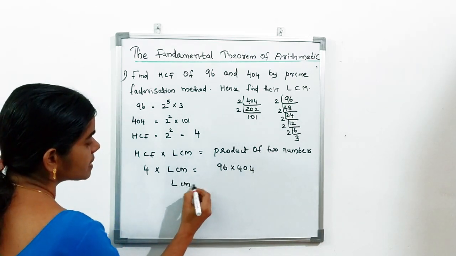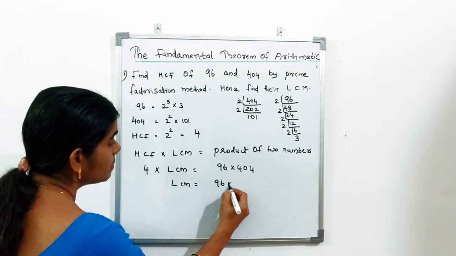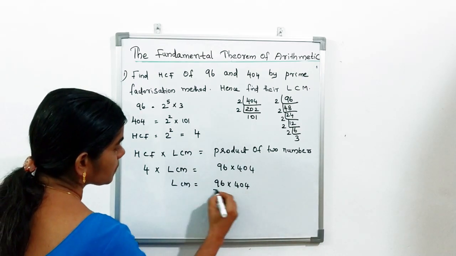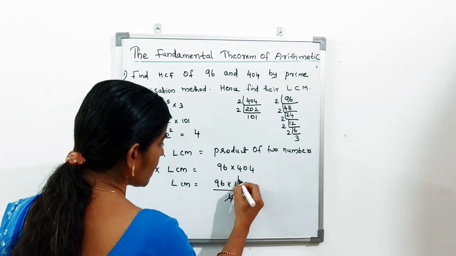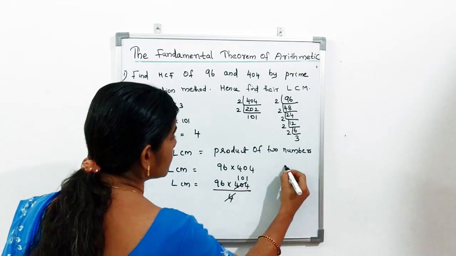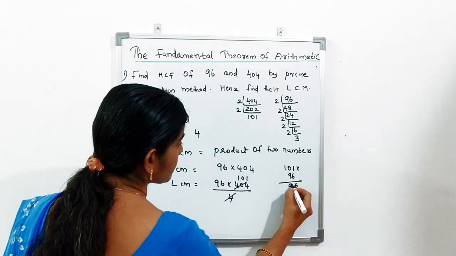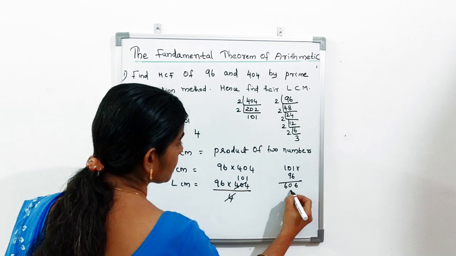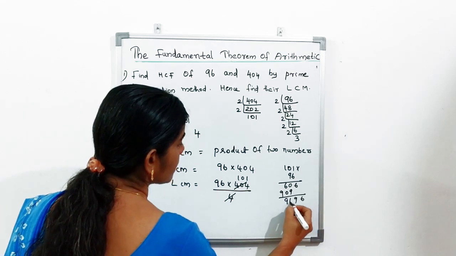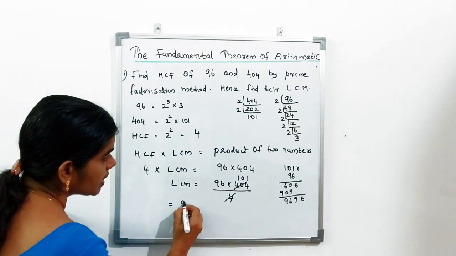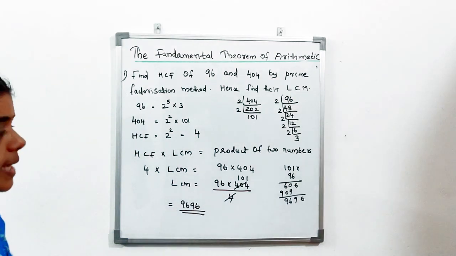Then LCM is equal to, here the into is there, if you take it to this side it will become division. That is 4; if you cancel it, this will be 101. Then 101 into 96, 9,696 will be the LCM.